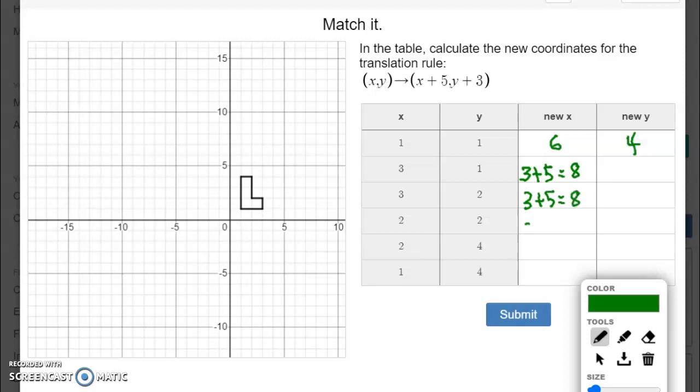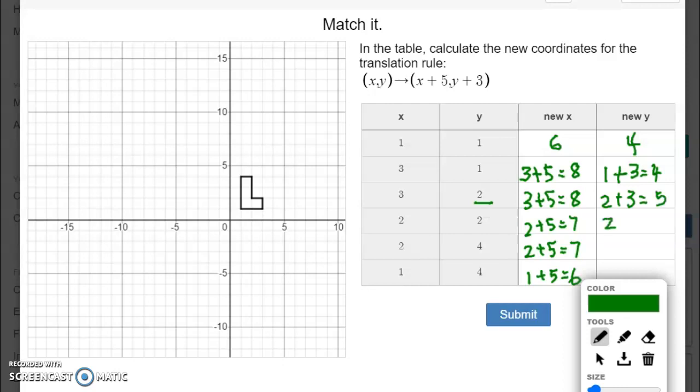Whatever the old x was, we're going to add 5 to it, that's 7. Whatever the old one was, we're going to add 5 to it, so that's going to be 6. And then we are going to be doing the same thing with the y. Whatever the old y was, we are going to add 3, which is 4. And 2 is my original, plus 3 is 5.